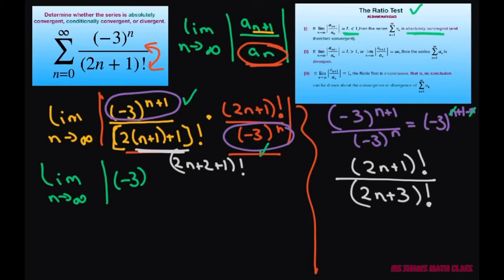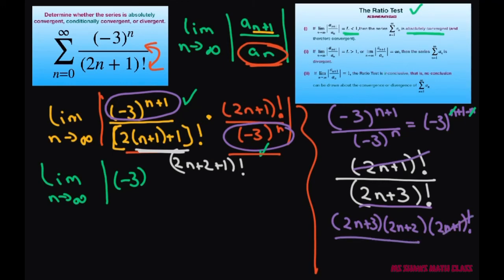Now, I can simplify this right here and write this as 2n plus 3 times 2n plus 2, remember you're subtracting, and then 2n plus 1 factorial. And you could keep going on, but I'm stopping because my numerator is 2n plus 1 factorial. So we're left with this. So what we have is times 1 divided by 2n plus 3 times 2n plus 2.